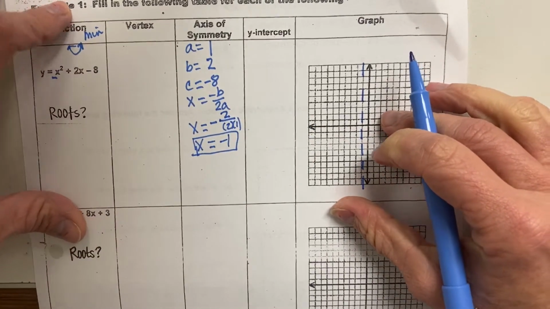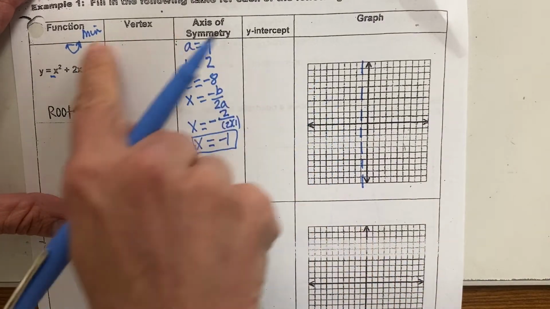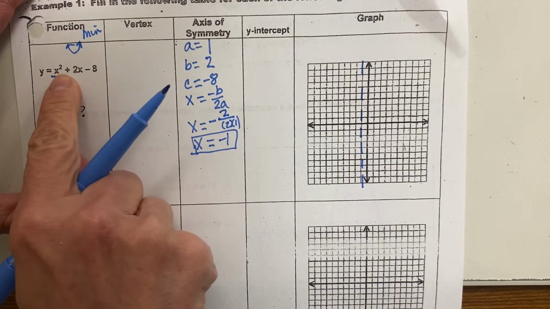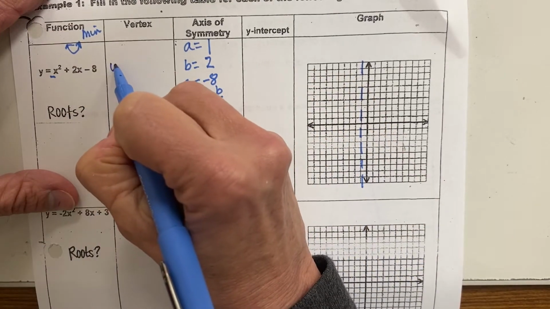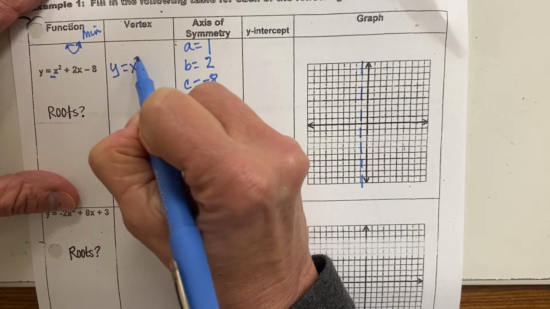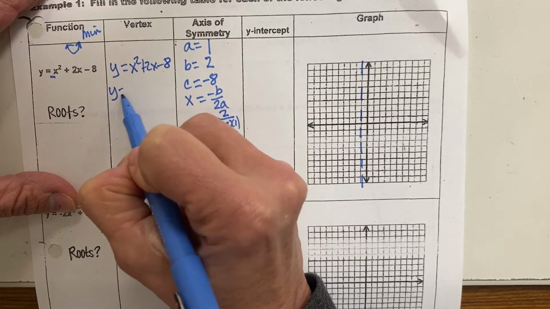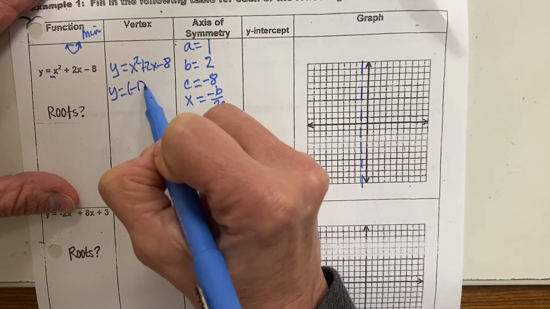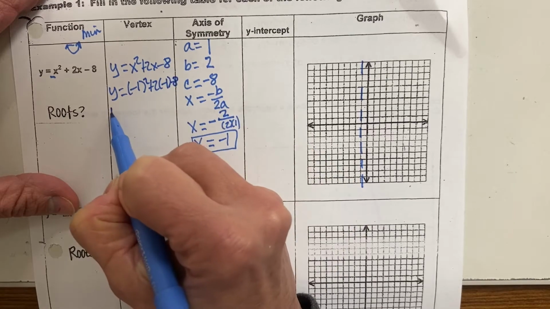The next thing I'm going to do is find my vertex. So I'm going to plug in a negative 1 where I have x so I can find the y value. And so I have y is equal to x squared plus 2x minus 8. I'll plug in negative 1 squared plus 2 times negative 1 minus 8.